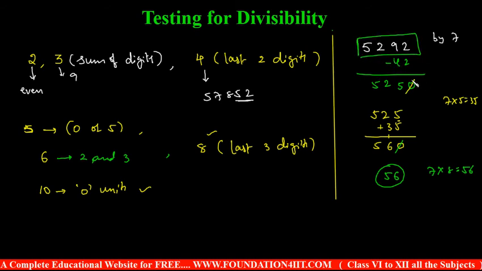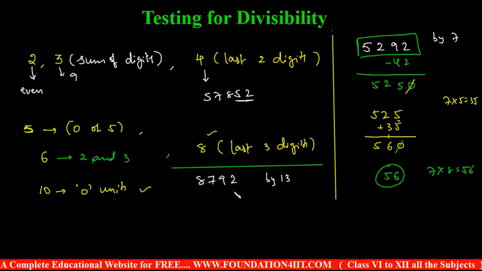This is one of the techniques you can follow, and not only for 7, any other number as well. Let me take one example: 8792. I need to check whether it is divisible by 13 or not. In the 13 table, for an ending with 2, we know 13 fours are 52.